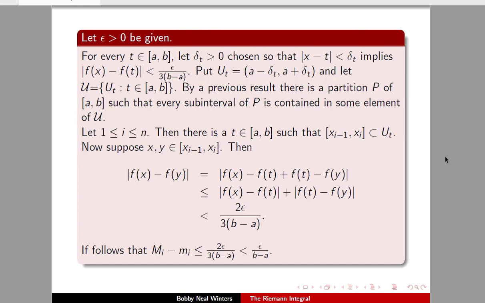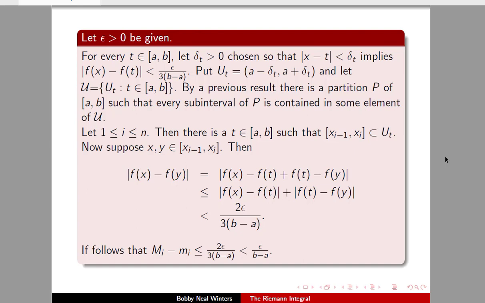Put u sub t equal to the open interval (t minus delta_t, t plus delta_t), and let u be the set of all of these u_t. By a previous result, there is a partition P of the closed interval [a, b] such that every subinterval of P is contained in some element of u.